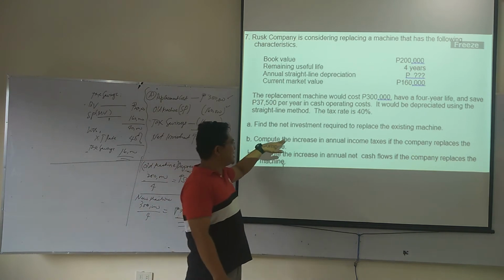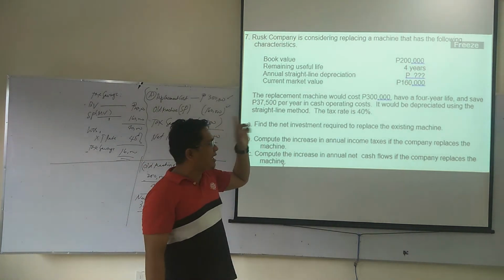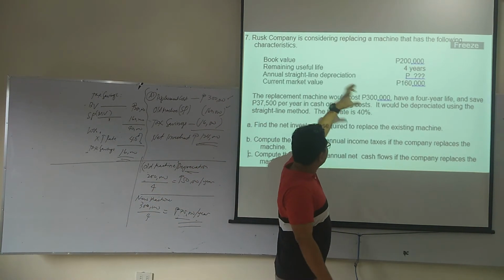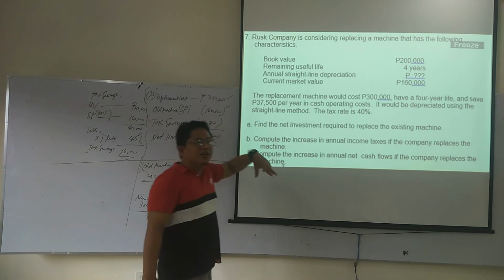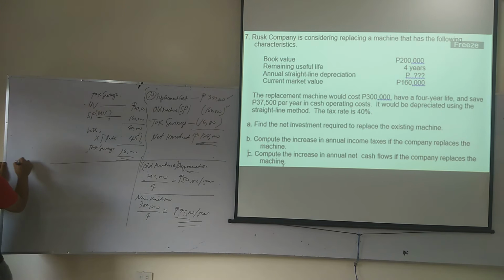Again, our requirement is the increase in annual income taxes. Letter B. The replacement of the machine would save us 37,500.